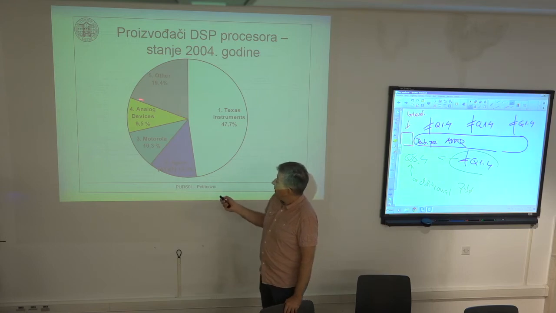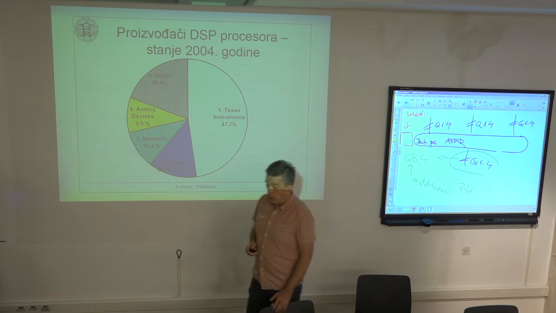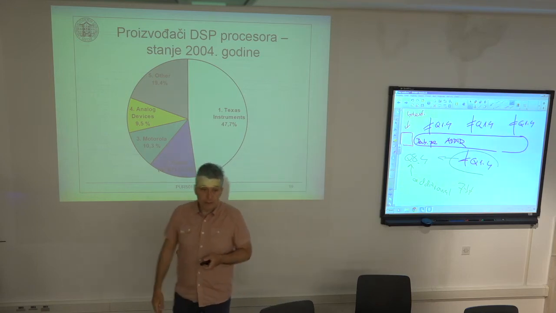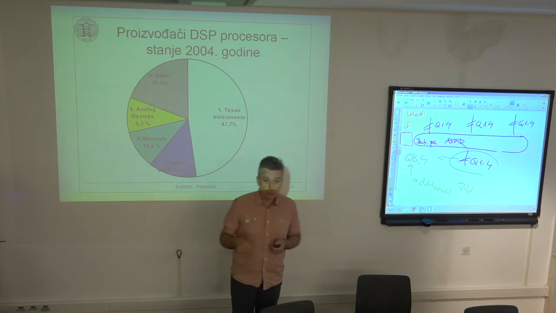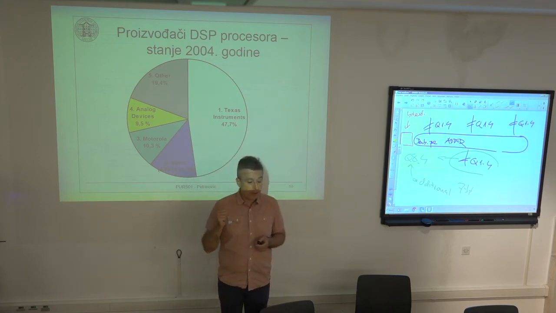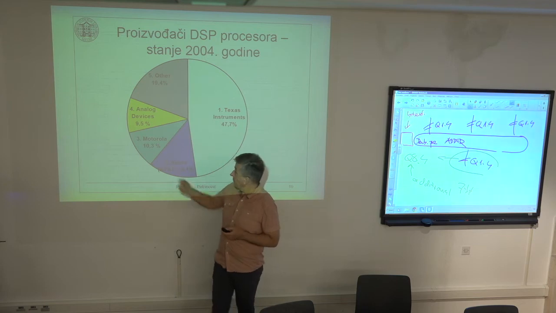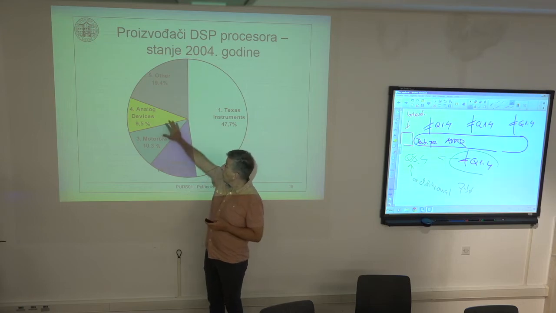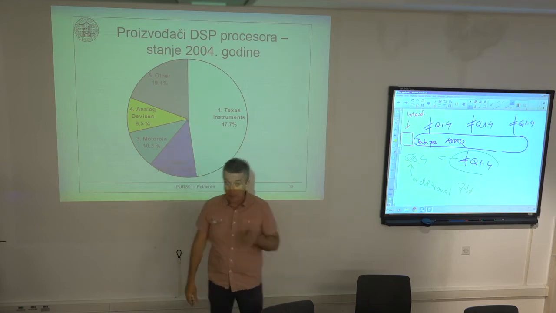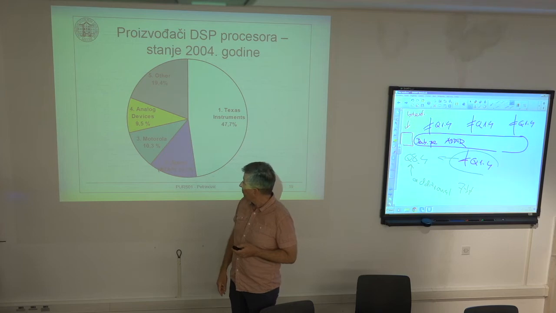The company shown here, Analog Devices, is the one that we will use in our laboratory exercises. This Blackfin DSP is produced by the company Analog Devices. And so 15 years ago, Analog Devices had 1/10 of this market share of the DSPs.